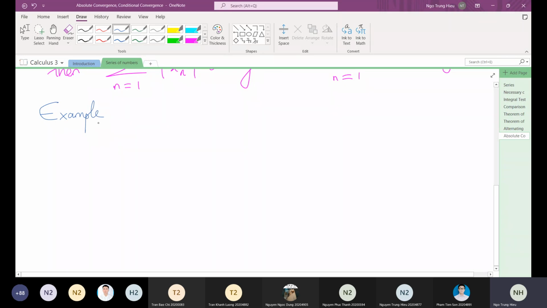Let us consider the series 1 minus, the alternating series, which looks like a P series, right? But the signs are alternating.